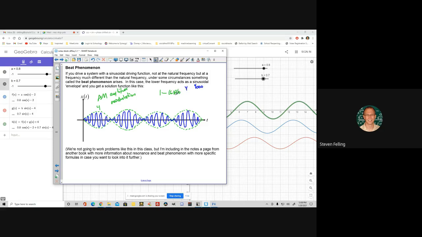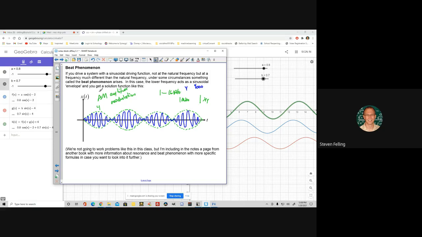So what happens is you make an antenna that's a quarter wavelength at some giant frequency like 1 megahertz, like 1,000,000 cycles a second. That's this blue wave. And then you use a driving function with something called a modulator to impart that as an envelope that causes something like a beat frequency here.